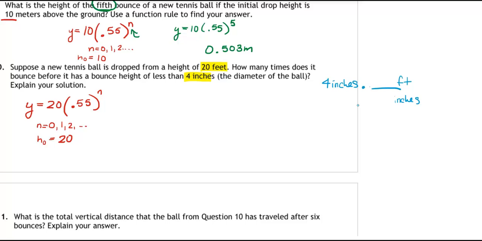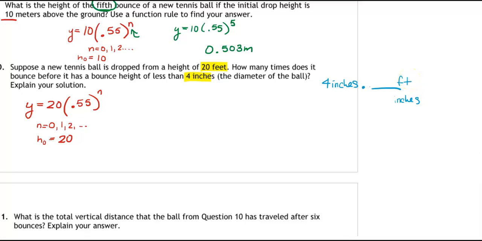Whatever unit you're trying to get rid of, you've got to put that same unit on the other floor, if you want to call it a floor. I'm on the top floor right now with inches, with this 4 inches, so I put inches on the bottom floor so that they cancel out, and I'm left with feet.